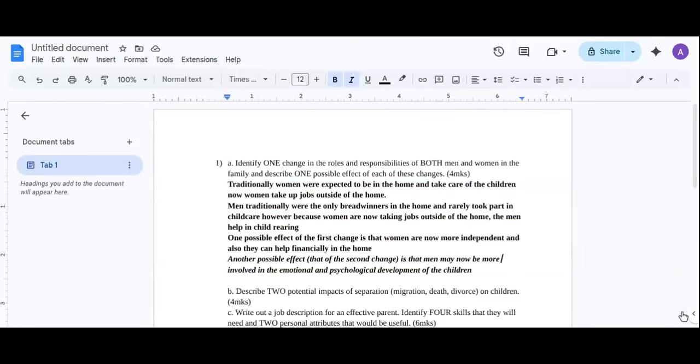So one possible effect as well, excellent, is that of course, with the opportunity to further their education or job opportunities, the woman may decide, I don't really want to have any more children or any children at all. Good. Anybody else? You could just virtually raise your hand and offer your answer, because I heard two persons at the same time. If not, we move on to the second one.